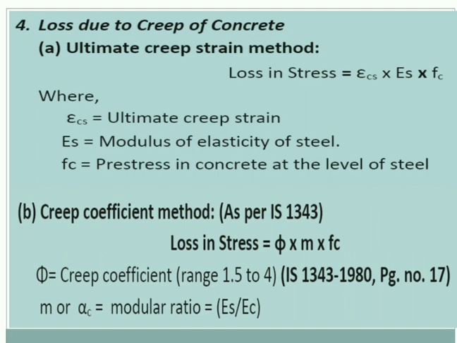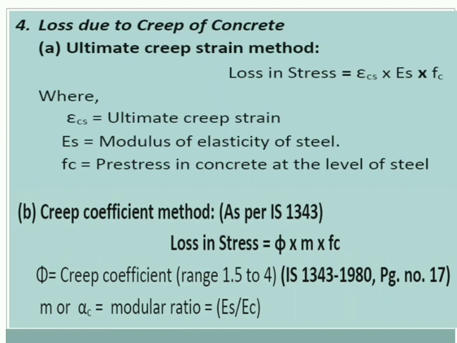Next, loss due to creep of concrete. This is epsilon Cs into Es into Fc. Here Fc is the pre-stressed concrete stress at the level of steel, which we have found out earlier. Es is the modulus of elasticity of steel, and epsilon Cs is the ultimate creep strain. Now this is the theoretical method. We have the IS code method also, where you can use the formula directly for obtaining the loss.